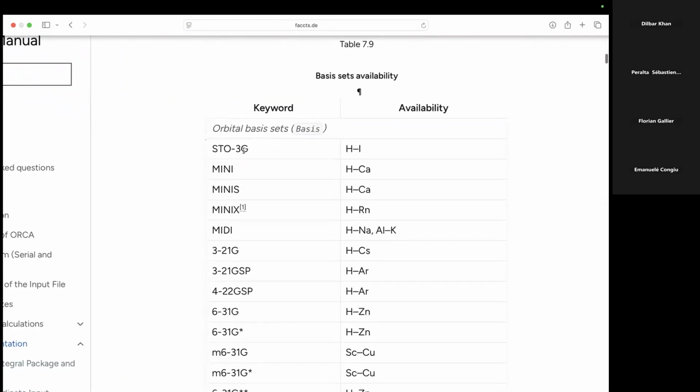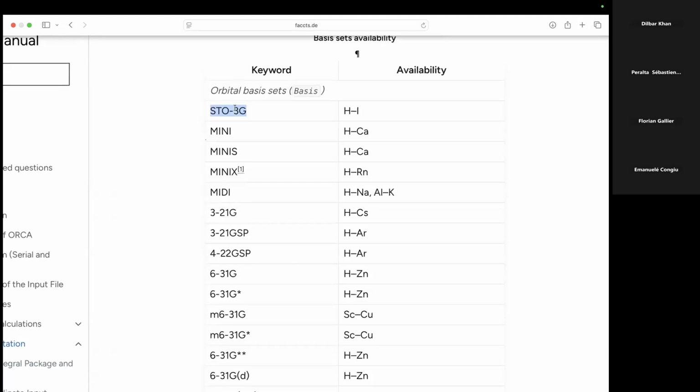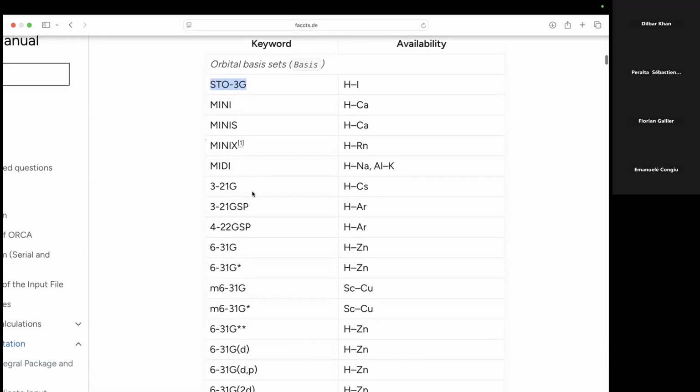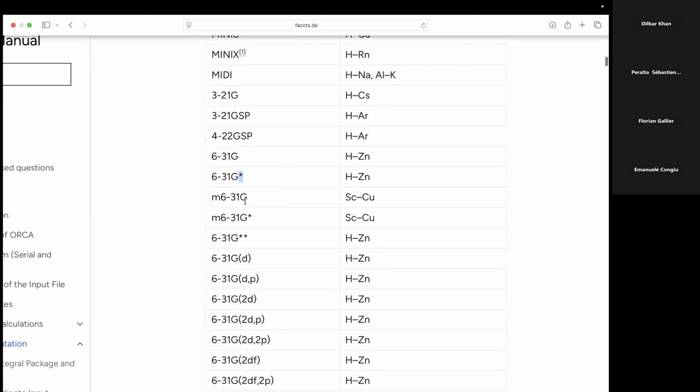These are very simple basis sets, STO-3G, and we typically don't use small basis sets in structure optimization. At least we should use 6-31G star. Star means you're adding polarization to the basis set.